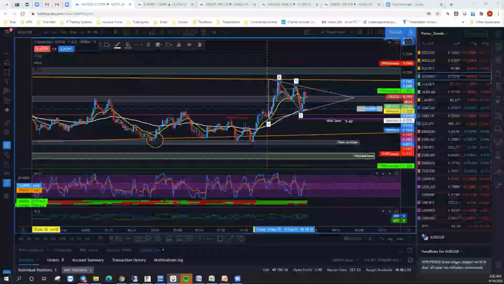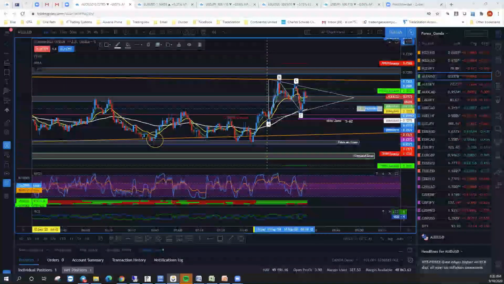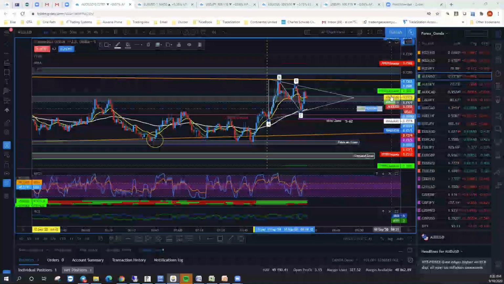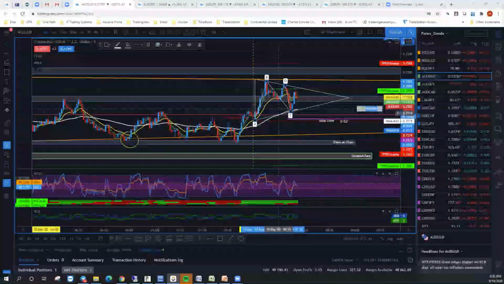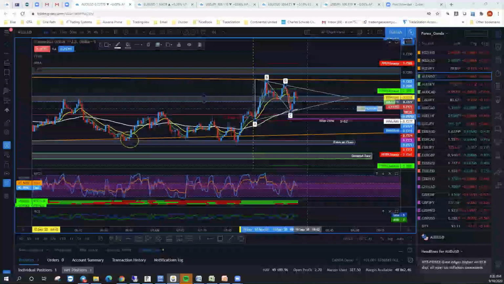And it looks like gold's starting to get a little bit of strength today. And we'll see how this thing works. Right now it's still spooling up inside this area.